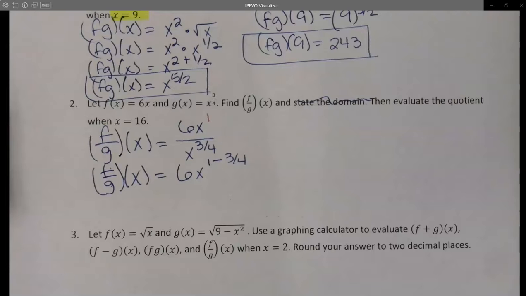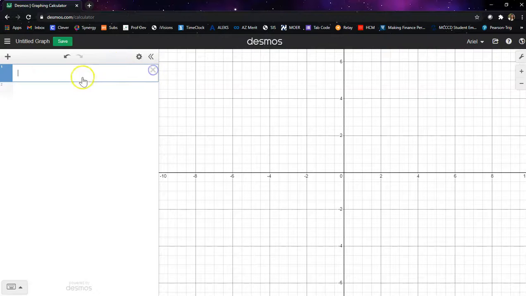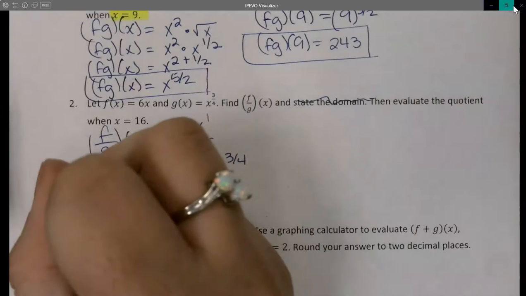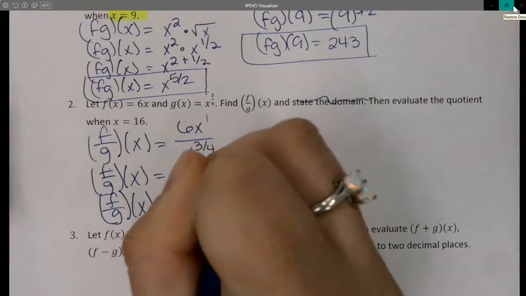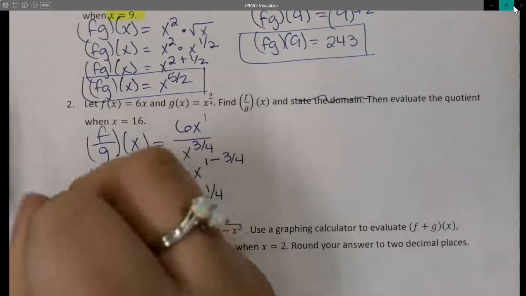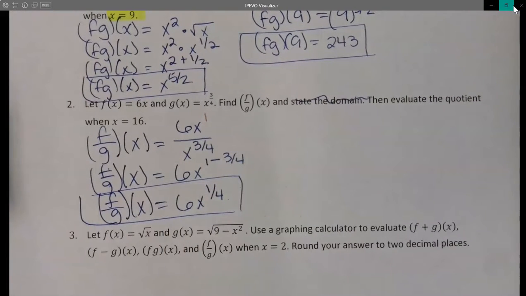Then I want to go ahead and do 1 minus 3/4. Which, if I turn it back into a fraction, is 1/4. So that's my equation.